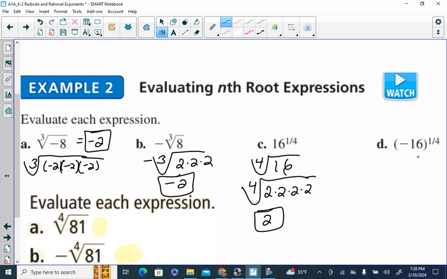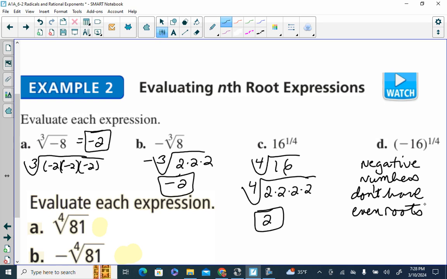In our last example, we want the fourth root of negative 16. Well, this would not be possible because negative numbers do not have even roots.